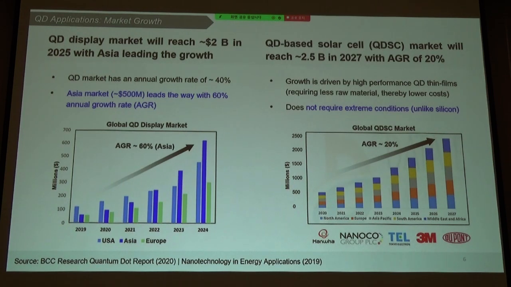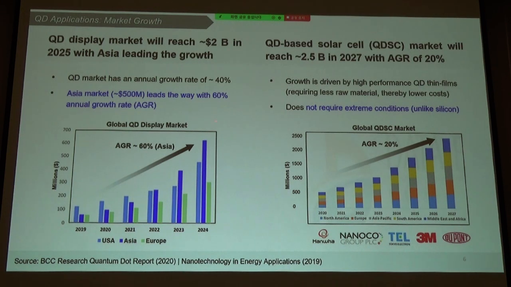In terms of market growth, the QD display market will reach 2 billion in 2025, with Asia leading the growth. Here Asia means Korea, China, and India. As you can see, the annual growth rate is about 60%, starting from 2019. This expectation is really huge.